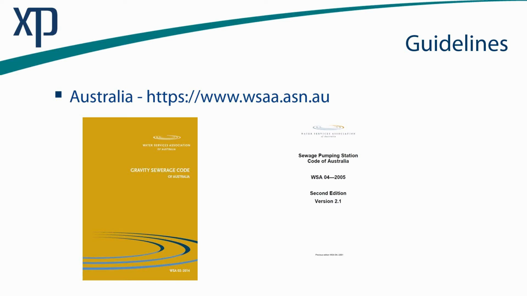So if you're involved in this environment, please get your hands on that updated code. The previous version of that document, if I recall correctly, was in 2004. So it's been a bit of a wait between updates.